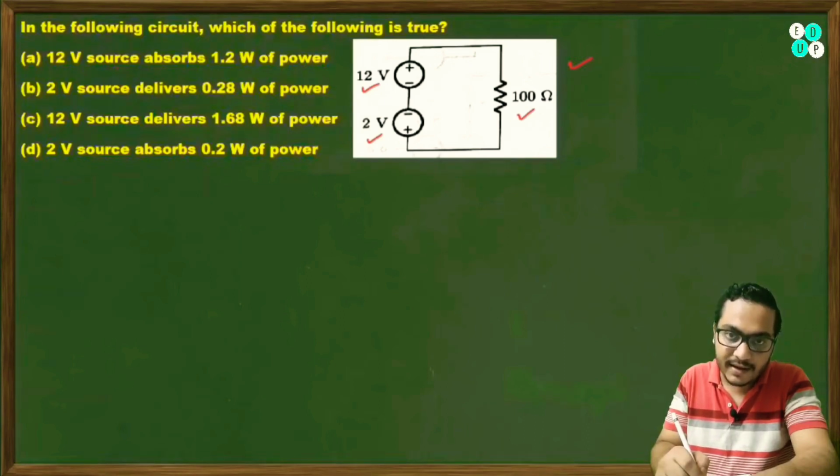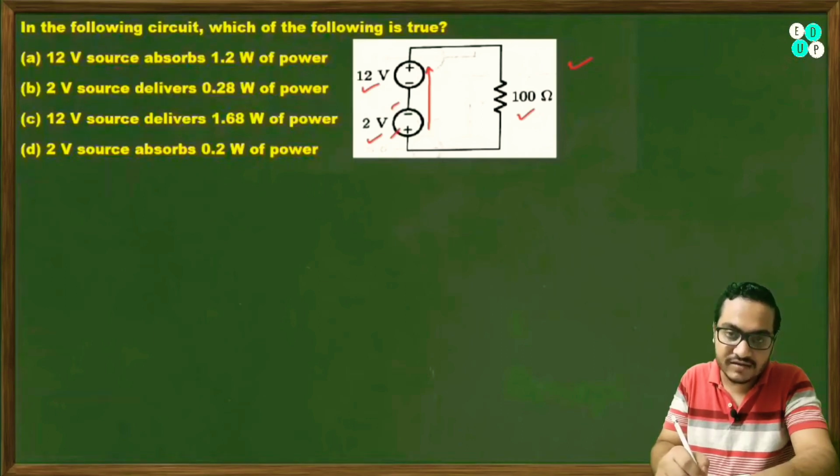So let's apply KVL to this. Here this is -2 and this is +12, because we are moving from higher potential to lower potential. So the total voltage is +10.